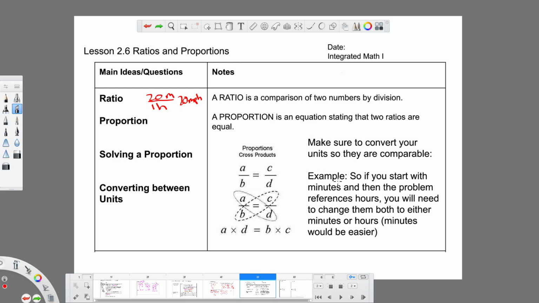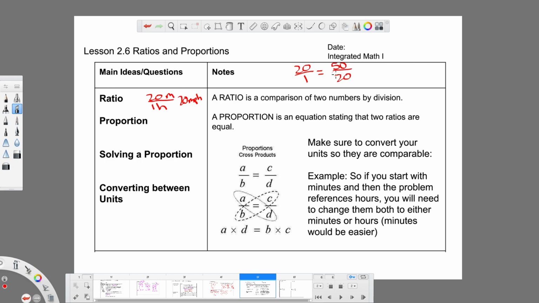If you start with minutes and then the problem references hours, you will need to change them both to either minutes or hours. So you wouldn't want to start off with, I'm going 20 miles per hour, a problem with 20 over 1, and then say that equals 50 miles in 20 minutes.